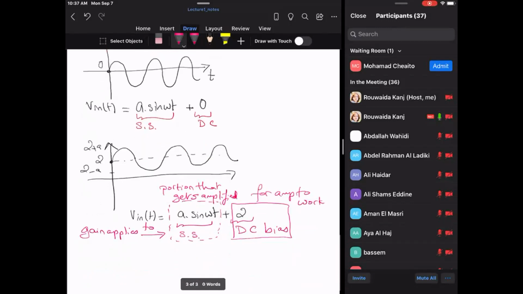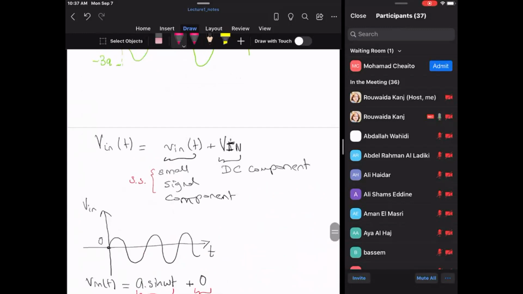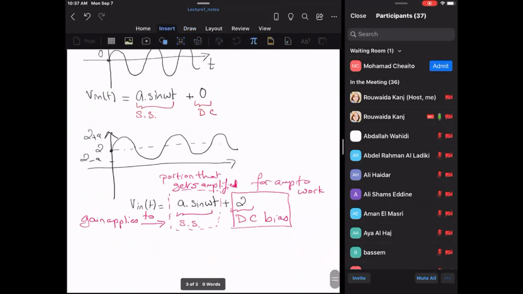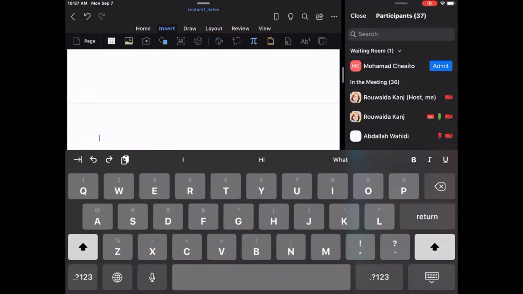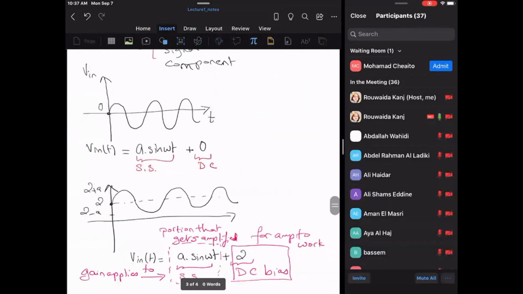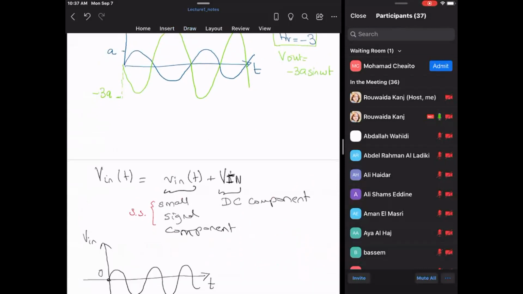Okay, so now that we have spoken about the small signal components of the circuit, we can now, just trying to insert a page here, continue with the lecture material. So we have inserted here on this slide a small signal analysis.